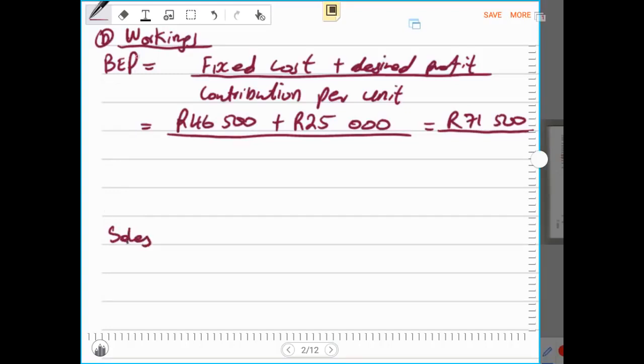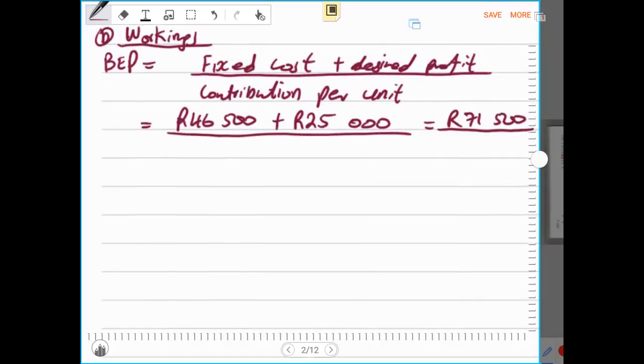Remember, this is also the calculation of the marginal income statement. We are already calculating the marginal income statement. And our marginal income statement, we know that it starts with sales.